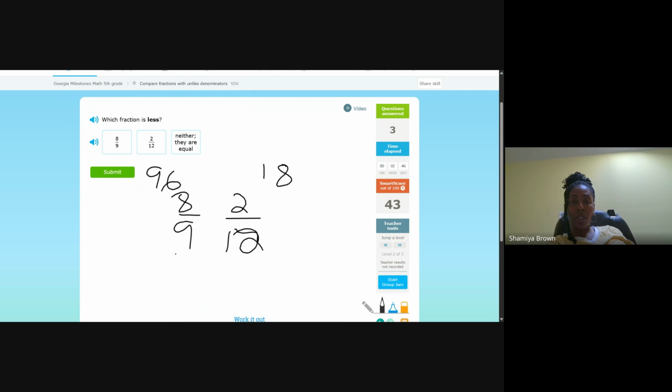So 8/9 is bigger. And if I think about benchmark, I can see a long way that this one is almost a whole and this one is far from a whole. So I know this fraction has to be bigger. So it says which fraction is less? 2/12 is less.